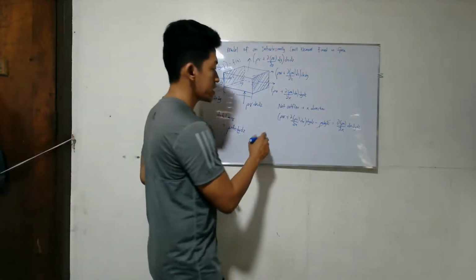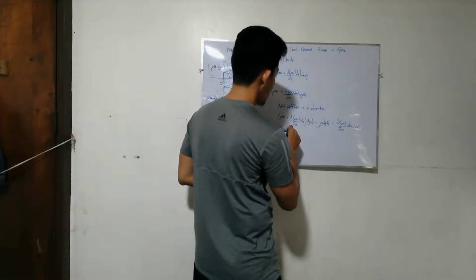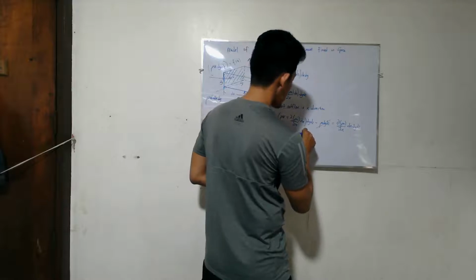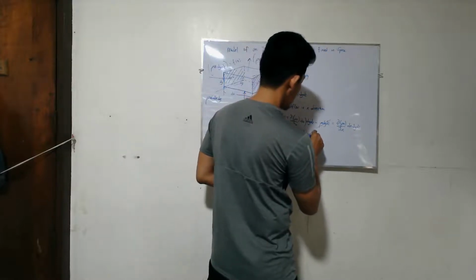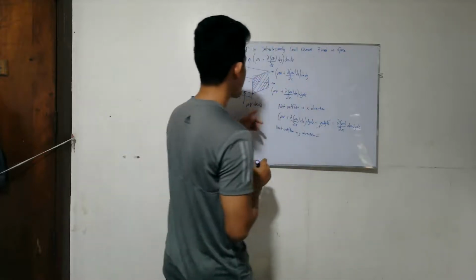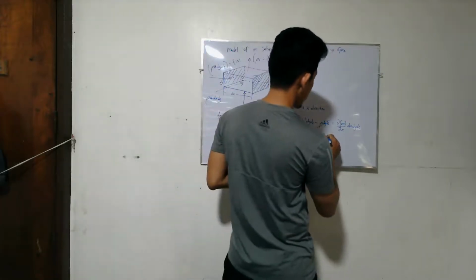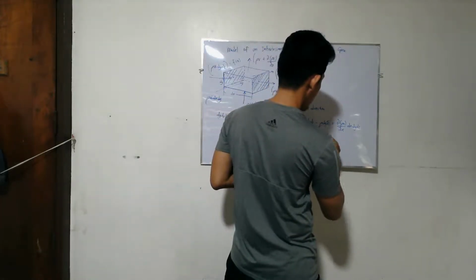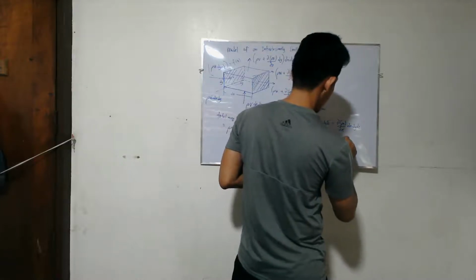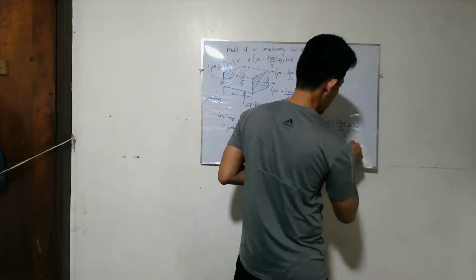So in the same way, the same logic, net outflow in y direction is just equal to partial of rho v respect to y dx dy dz.